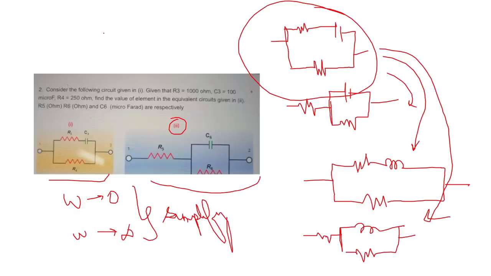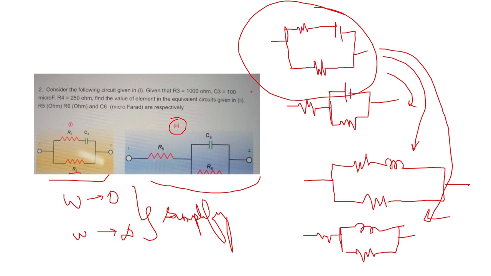So how to proceed? What happens when omega tends to 0? The impedance over here is 1 by j omega C, right? So omega value is 0, so this will offer infinite resistance. All the current will pass through R4.